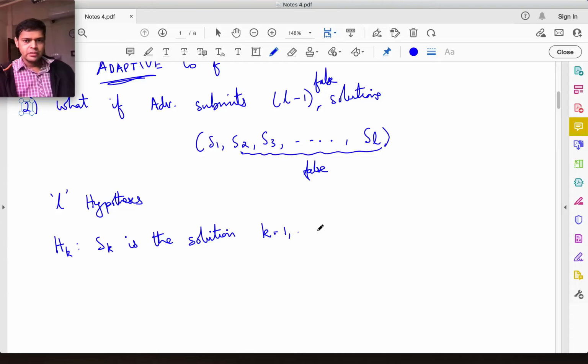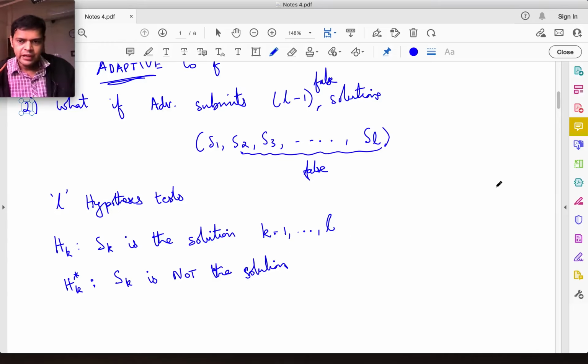K goes from 1 all the way to L. Okay. So we have L hypothesis tests. So effectively we create L pairs.